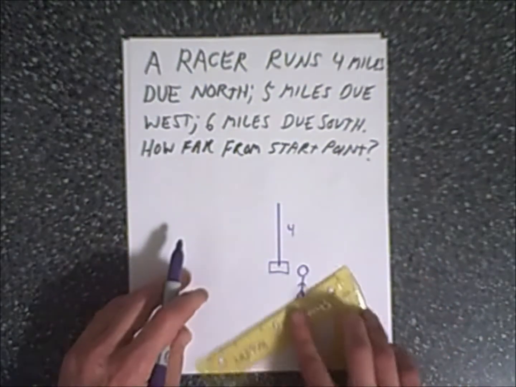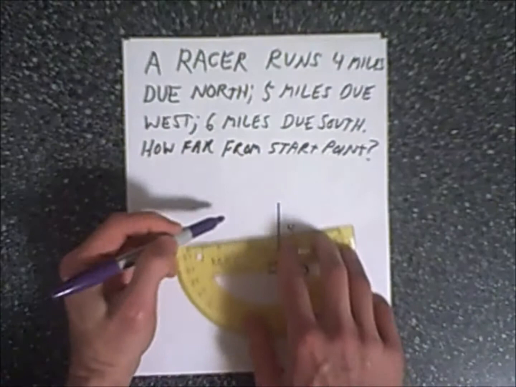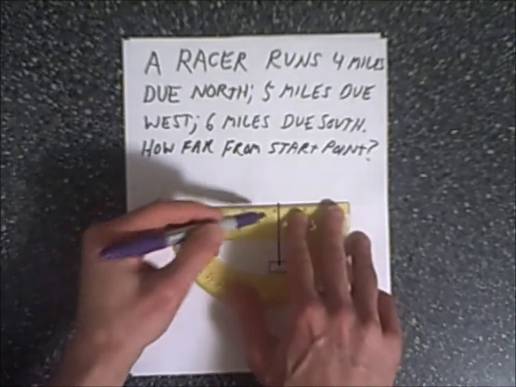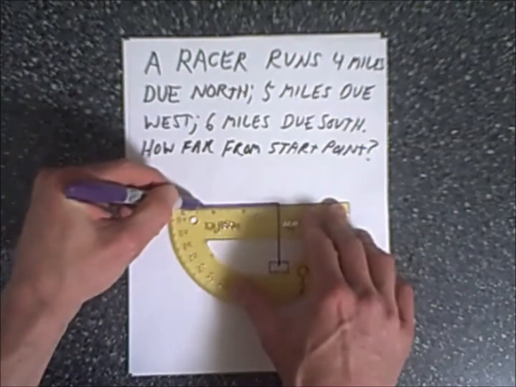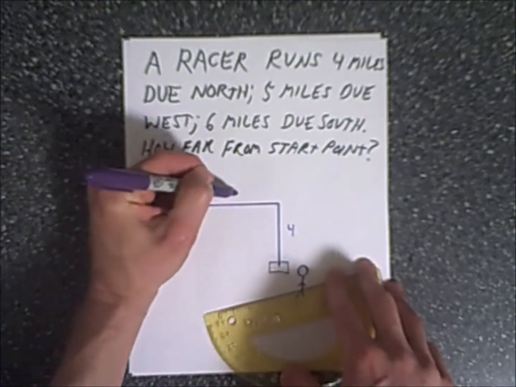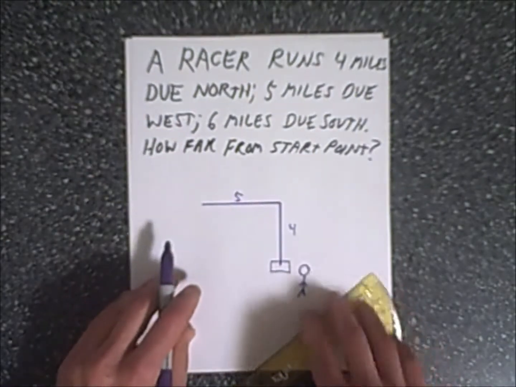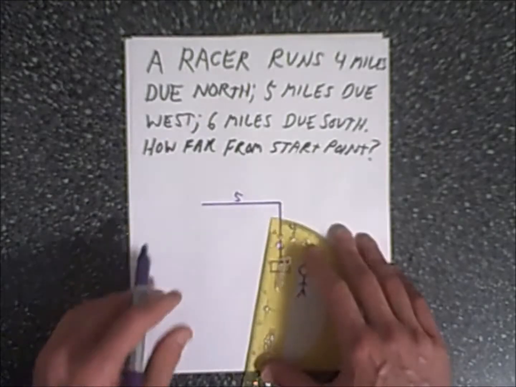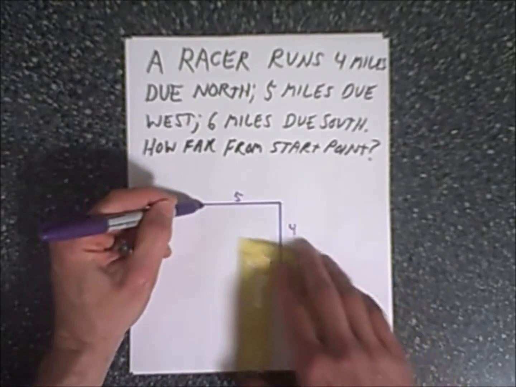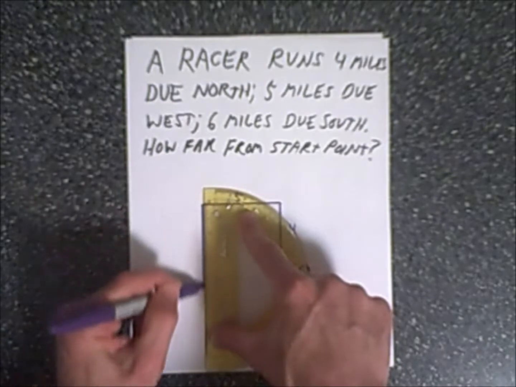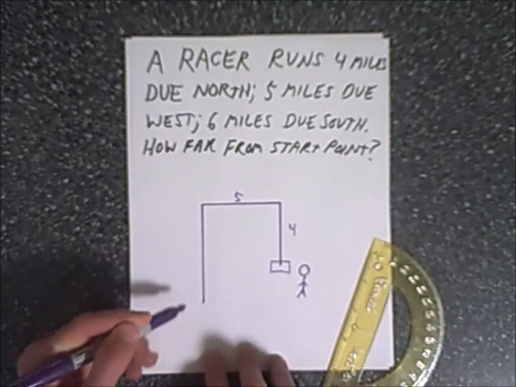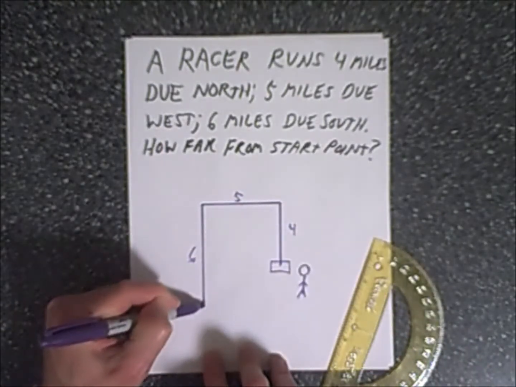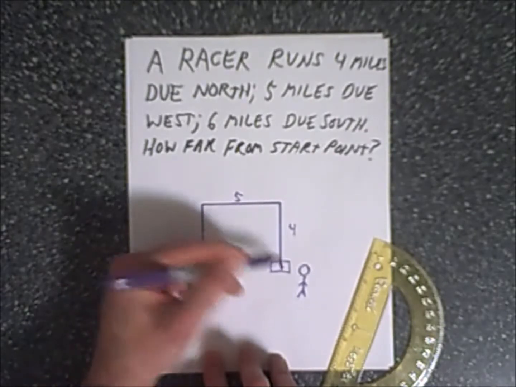So there's a 4, and then he turns west, makes a left, and goes west 5 miles, and I'll try to draw it as best I can to scale. I don't have graph paper here, I'm just drawing a sketch. And then finally he makes another left turn and heads due south for 6 miles. How far is the distance back to the starting point?